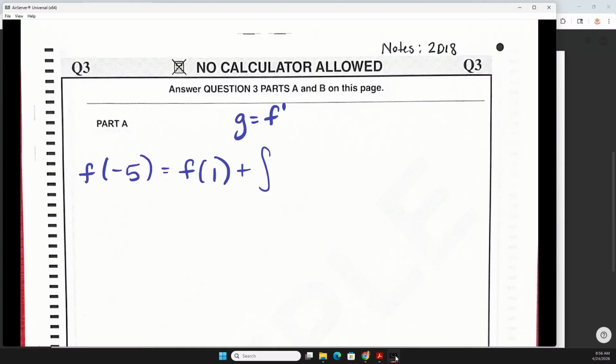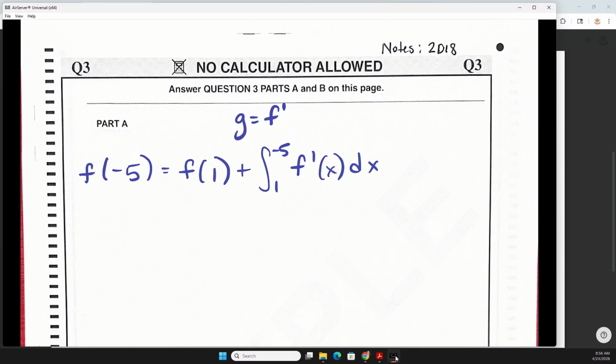What are going to be my limits? 1 to -5. Now, I know that's weird, but that is how we're going to write it. And then we can do this as long as what we're finding the integral of is f prime of x, and it will be, because the graph is f prime.